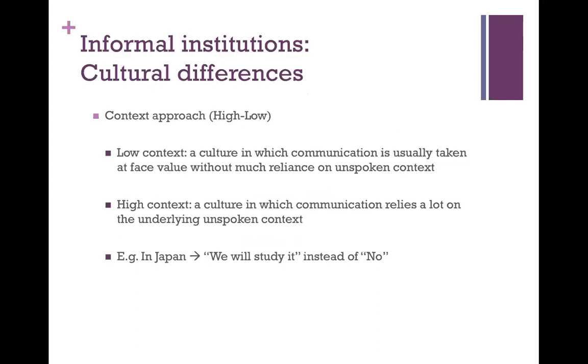A culture classified as low context is one in which communication is usually taken at face value without much reliance on unspoken context. So look literally at what is mentioned, for instance. High context suggests that the communication relies a lot on the underlying unspoken context.